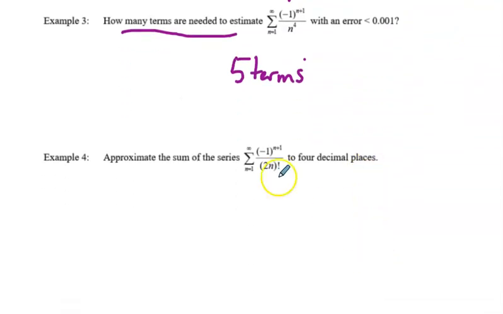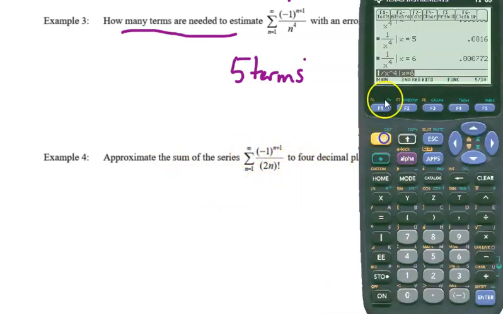And then my last question on this topic is, let's approximate the sum of this series to 4 decimal places. So for this one, let's go ahead and clear out our calculator, start a new problem, and then I'm going to actually put this series notation in my calculator.